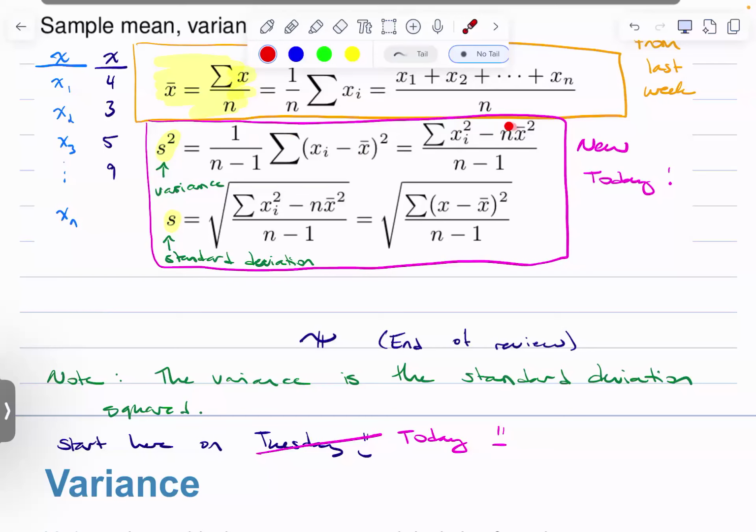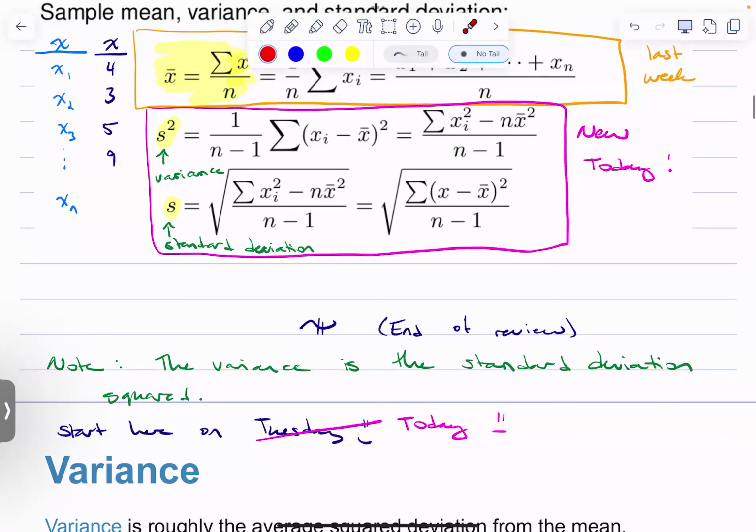And then I'll briefly talk about this other formula, but really, you only need the first one. If you like the second one better, you are allowed to use it, and I'm giving it to you. But I tend to only use the first one, because I find that it's more informative, but they do the same thing.